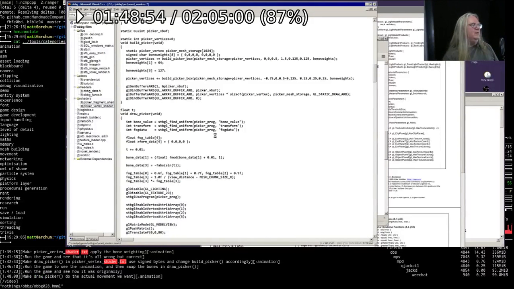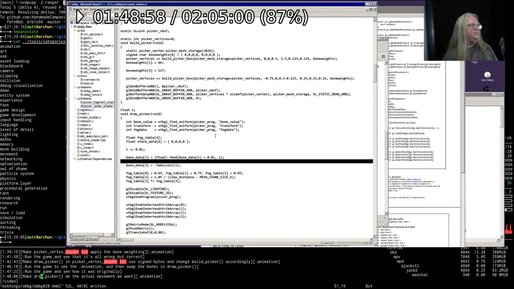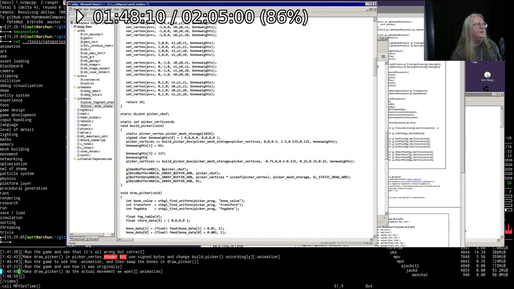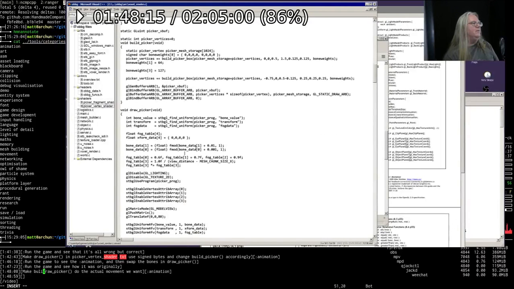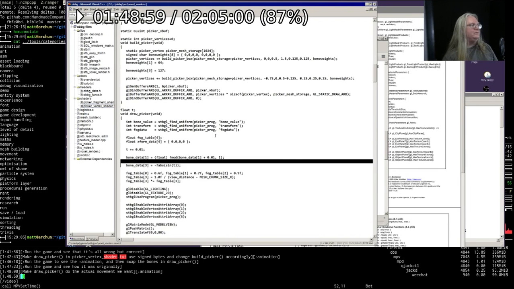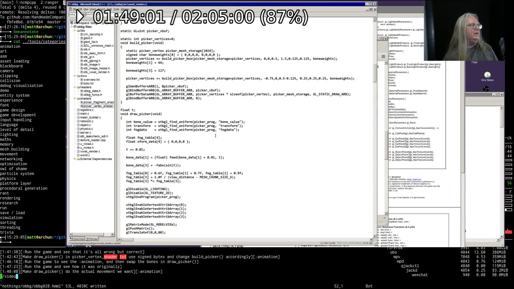We want X motion. We want bone data like that. And then we want XY motion for gripping. Oh, we want to move down a very small amount.